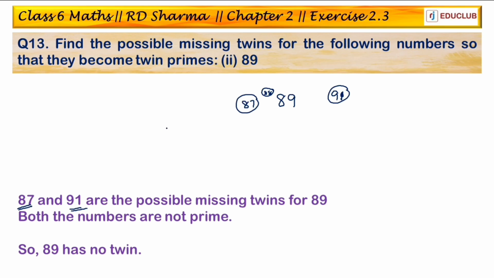Both are not prime numbers. 91 is 13 sevens, and 87 is 29 threes. 29 threes are 87, it is having factors 29 and 3. 91 has factors 13 and 7. So both numbers are not prime. So 89 has no twins. We cannot say it is having any twin prime numbers.